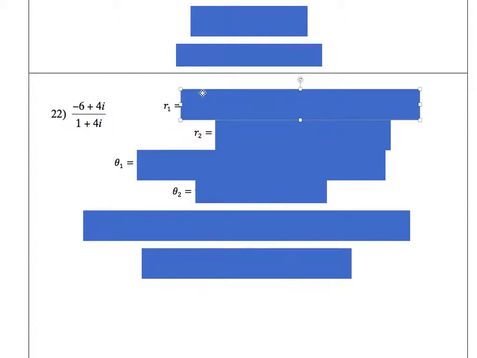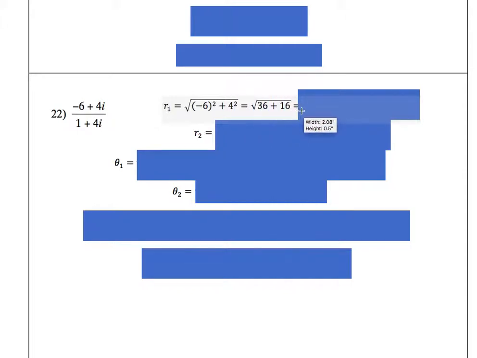Okay, and so to find our R value, it's the same formula we've been doing a million times since, like, what, Algebra 1, middle school? A squared plus B squared equals C squared. Okay, so -6 squared plus 4 squared gives us 36 plus 16, which gives us 52.